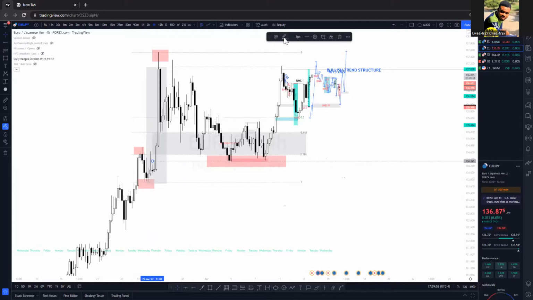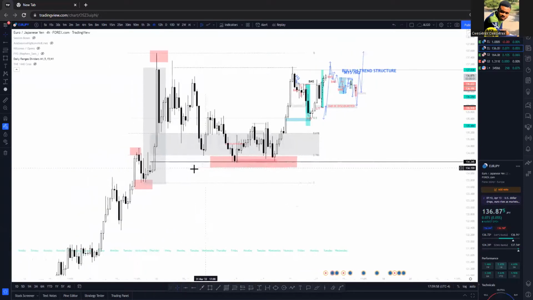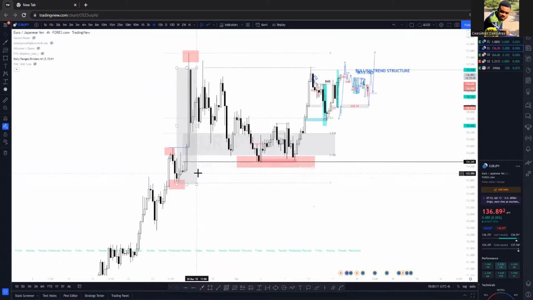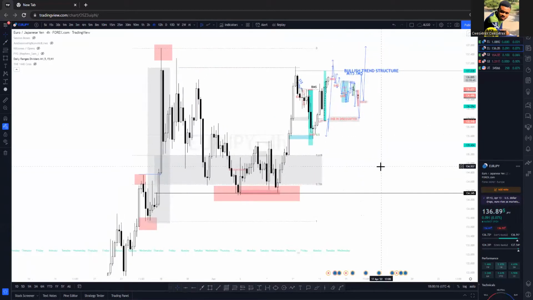So this inefficiency is the last bullish candle, right? The last candle that broke the structure. And since this inefficiency candle broke structure, it becomes a strong structure or a strong inefficiency candle for us, or point of interest.